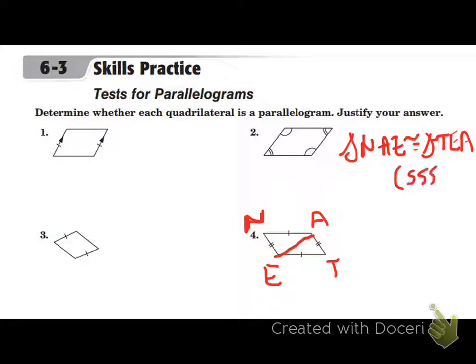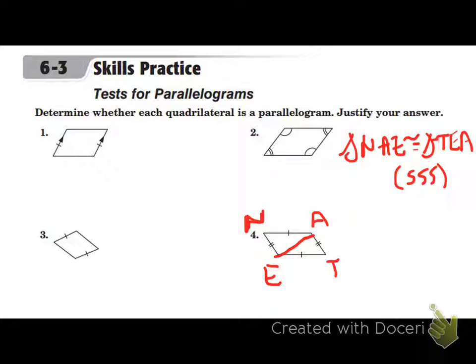The two triangles are congruent because we have side, side, side. These are given. Why is EA congruent to itself? Because it's reflexive. EA is congruent to itself because it's reflexive.